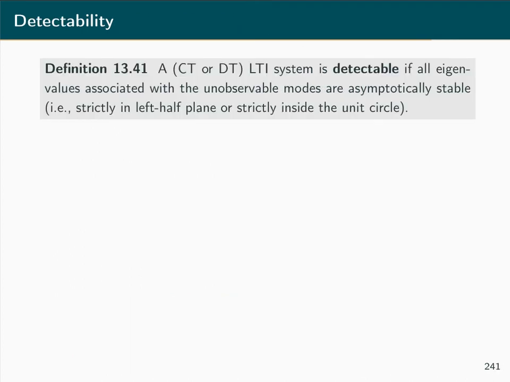Finally, in the same way that stabilizability was a weakened concept of controllability, we now define detectability as a weakened concept of observability. In fact, a continuous time or discrete time LTI system is called detectable if all eigenvalues associated with the unobservable modes are asymptotically stable, meaning that they lie strictly in the left half plane in the case of a continuous time system, or strictly inside the unit circle for a discrete time system.